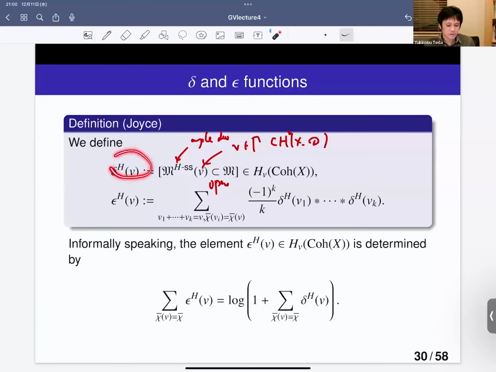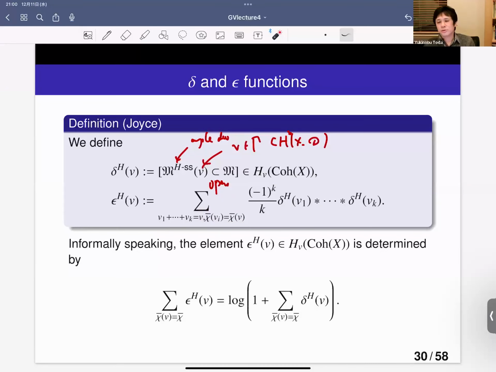Using this element, Joyce defined the so-called epsilon function, which is defined in this way. I take the sum over all decompositions of v into parts which have the same reduced Hilbert polynomial.